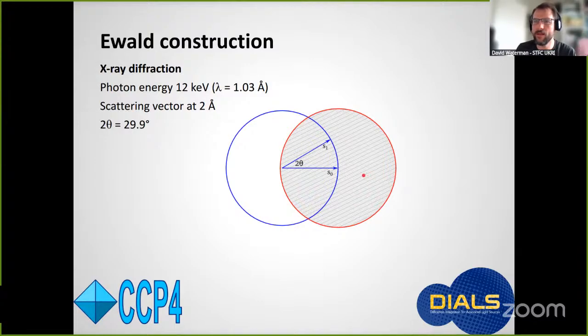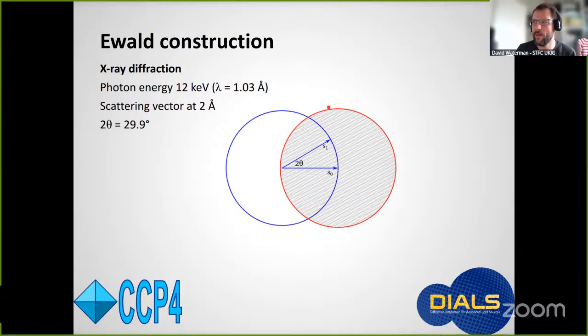The figure assumes an isotropic resolution limit of 1 angstrom. The blue sphere is the Ewald sphere, which tells us which reflections are excited at any one time. S0 shows the incident beam in reciprocal space, and S1 is one of the scattered beams, where the Ewald sphere intersects with a point on the reciprocal lattice.